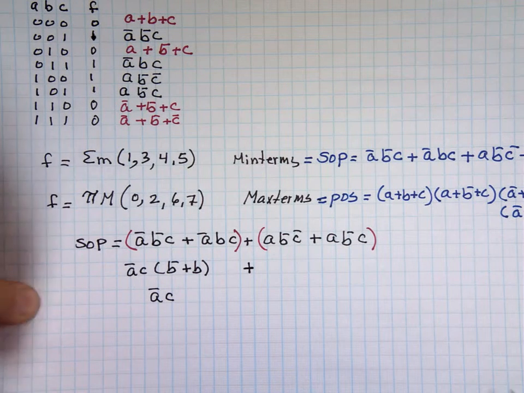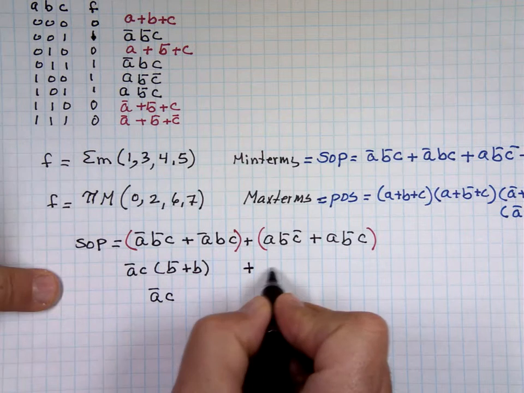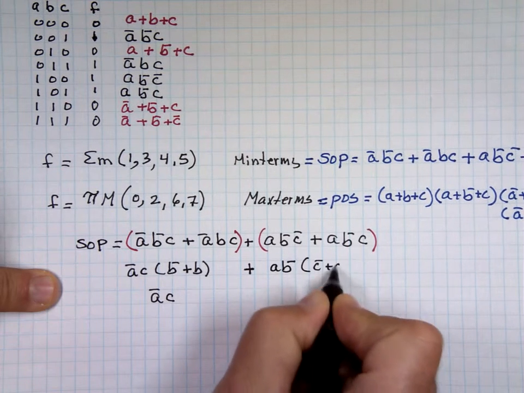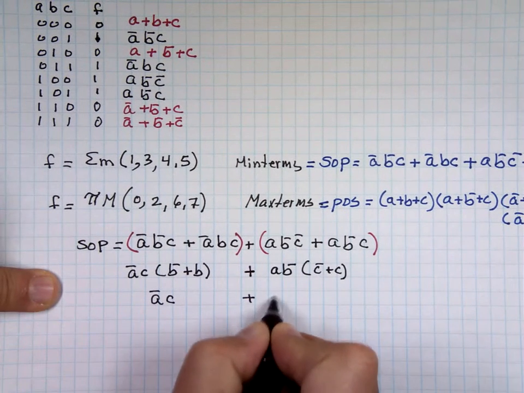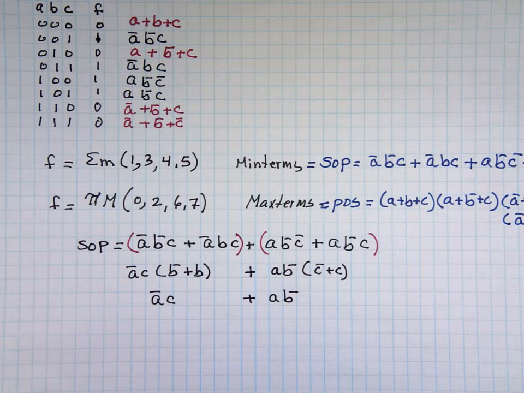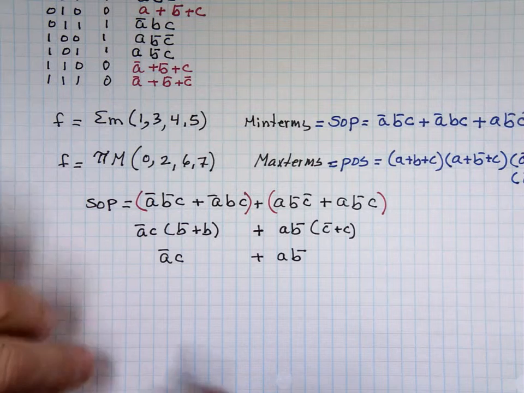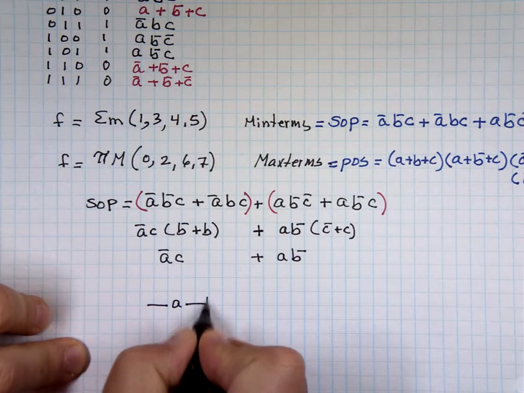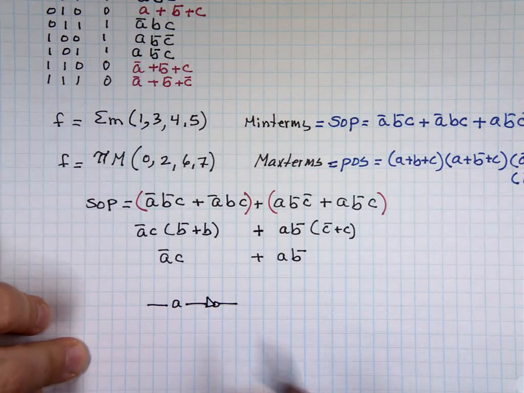Second one, I can factor what? A, B bar. That's a 1. Now again, if I was to build this in the lab, that's A. Not that.